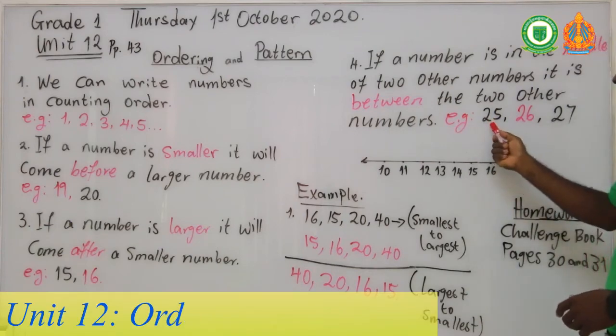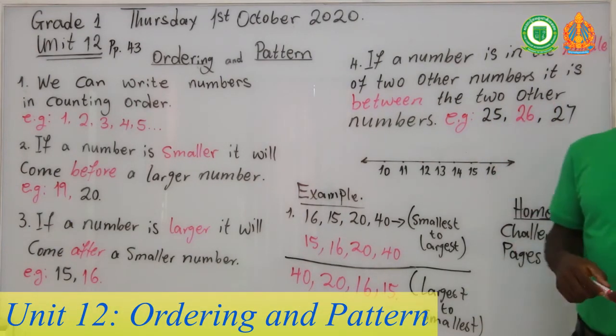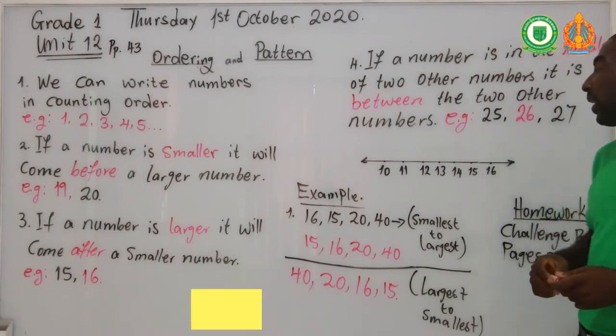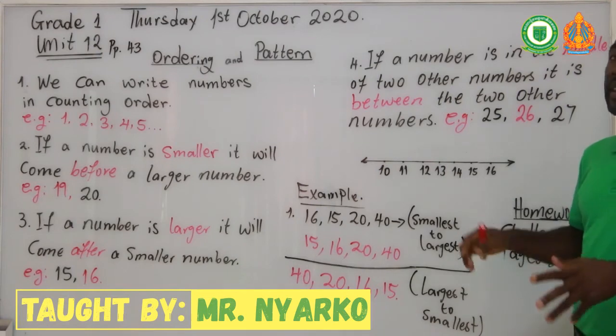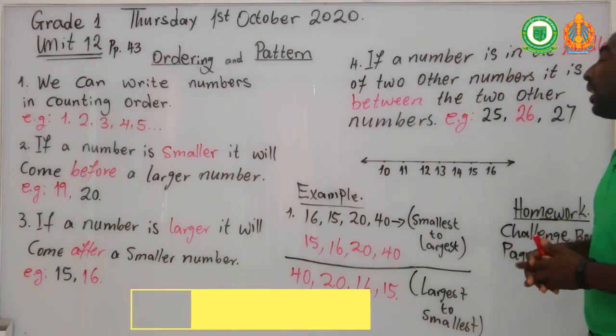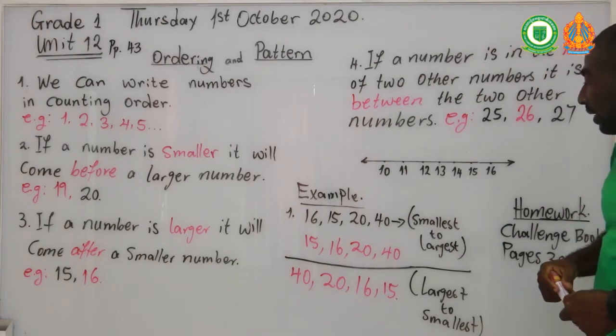Example, we have 25 and 27, and we have 26 in their middle, okay? If you look through your number lines, there are a couple of numbers that you can find in the middle, and some are smaller and others are also larger, okay?